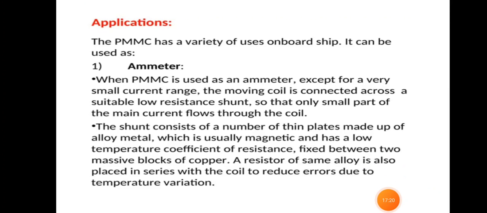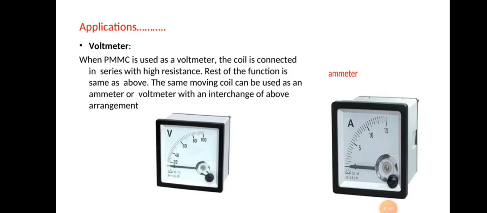Now again the PMMC, we can see how it is used as a voltmeter. When PMMC is used as a voltmeter, the coil is connected in series with a high resistance. Rest of the function is the same as above.